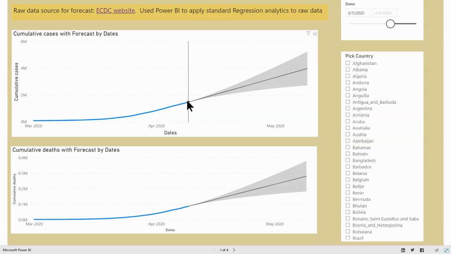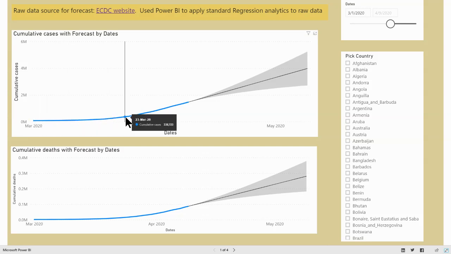Even though it says April 9th here, that data would have been cases up to April 8th. So if you look at the chart here, once you hover on the chart, it would show you what the cumulative cases were, or the total cases as at that particular date. In this case, I started the time horizon from the 1st of March.